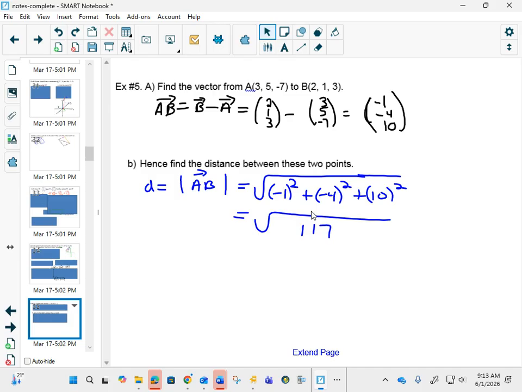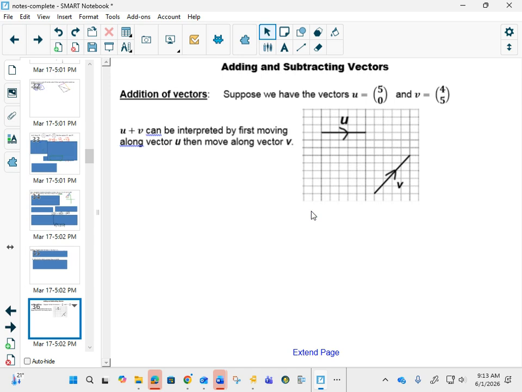So we've already alluded to this, but now we're going to formally talk about adding and subtracting vectors. So there we have two vectors, the vector u and the vector v. When we talk about adding vectors, u plus v, this means you first move along the u direction, and then you move along the direction of the vector v.